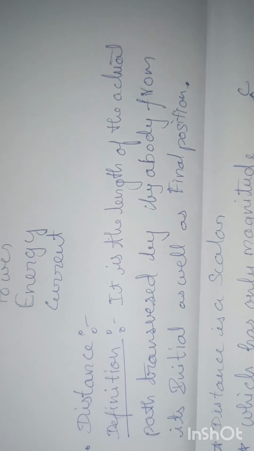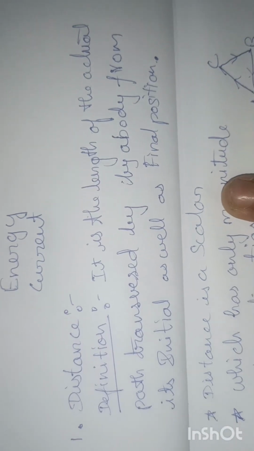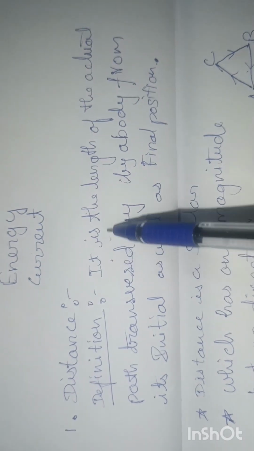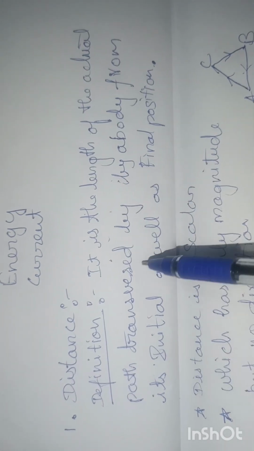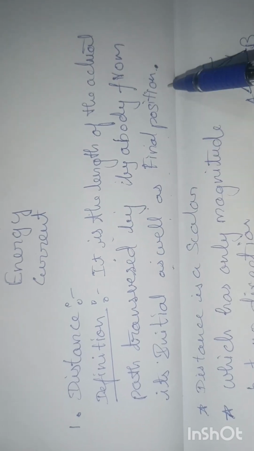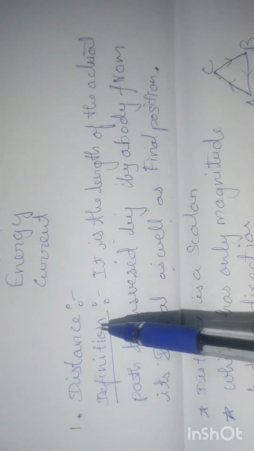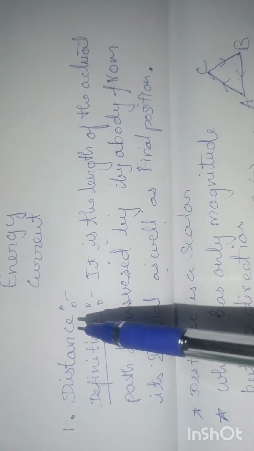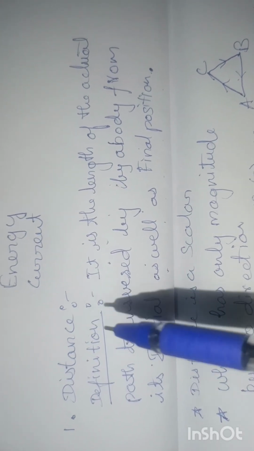So let us recap the basic things. What is distance? Distance is the length of an actual path traversed by a body from its initial as well as final position. In the sense, you can also call distance the actual path traveled by the body.